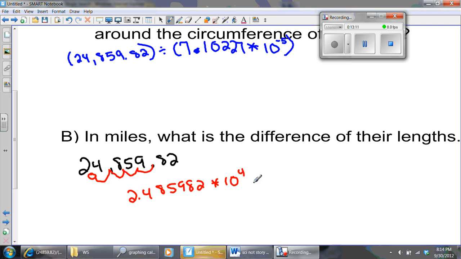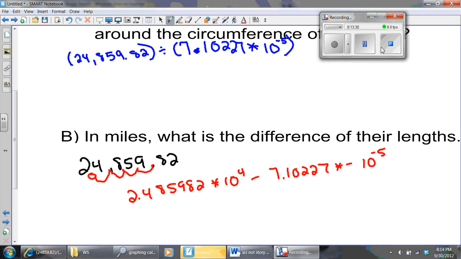And then I'm going to subtract 7.10227 times 10 to the negative 5th. Excuse me, I'm going to subtract here, right? Sorry about that.